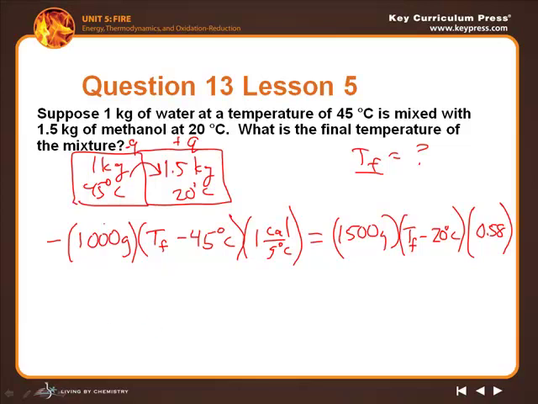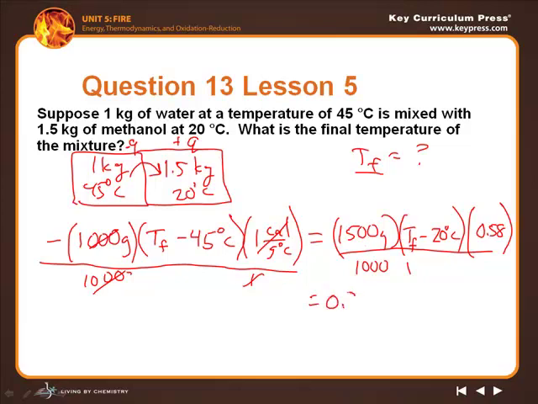First thing is we want to try to get the numbers on one side and the letters on another. So we're going to divide both sides by 1,000 and both sides by 1. That cancels out this value here. We get 1,500 divided by 1,000 times 0.58, which equals 0.87, times temperature final minus 20.